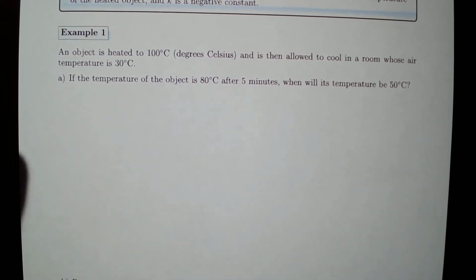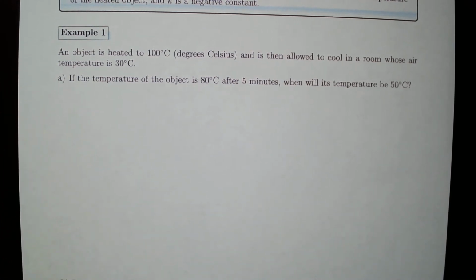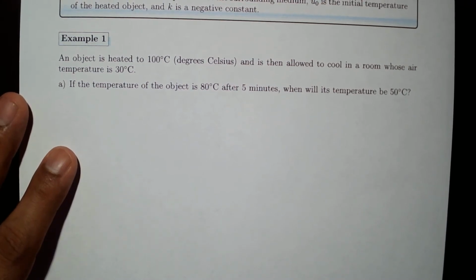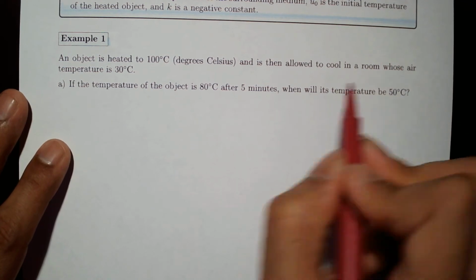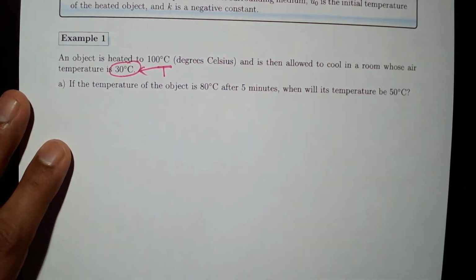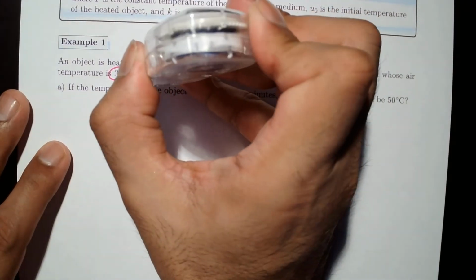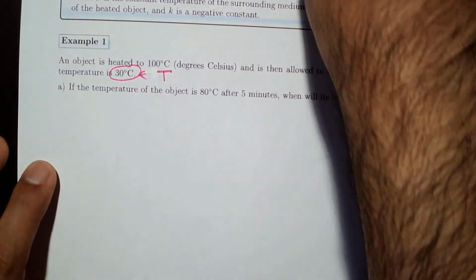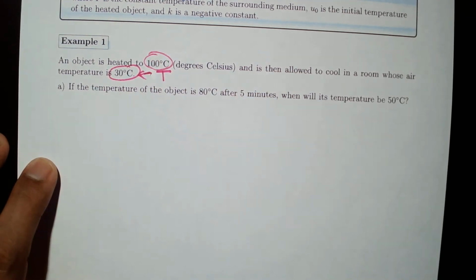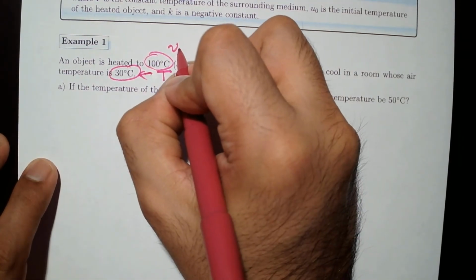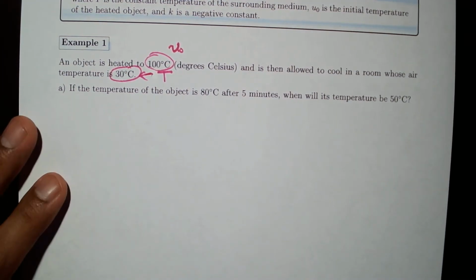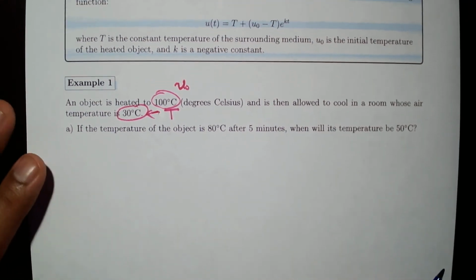All right, so let's first of all label all our givens. The temperature of the surroundings, or the temperature of the room, which is 30 degrees, is going to be our big T, while this 100 Celsius is nothing but our U sub 0.